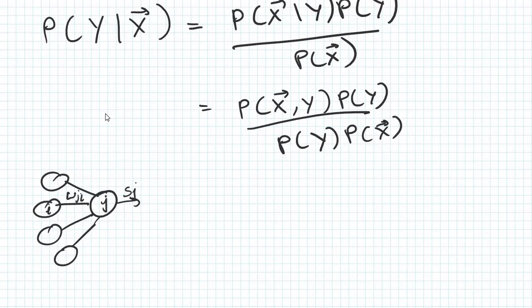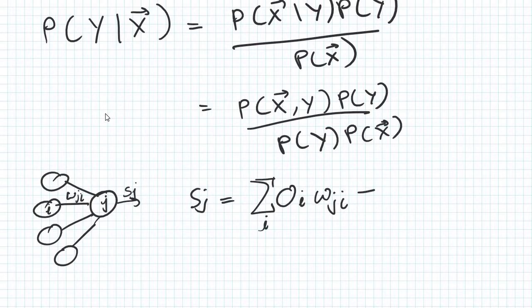So to calculate S_j, we take the input activations O_i, multiply by a scalar weight W_ji, take the sum over all possible neurons i, add a bias P_j, and we get the support S_j.